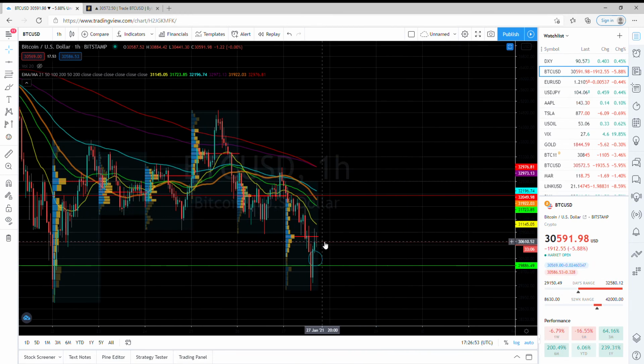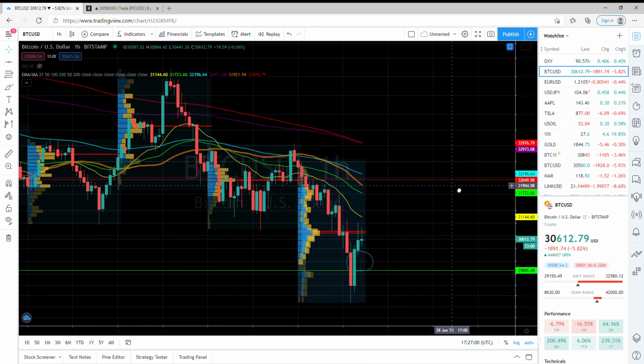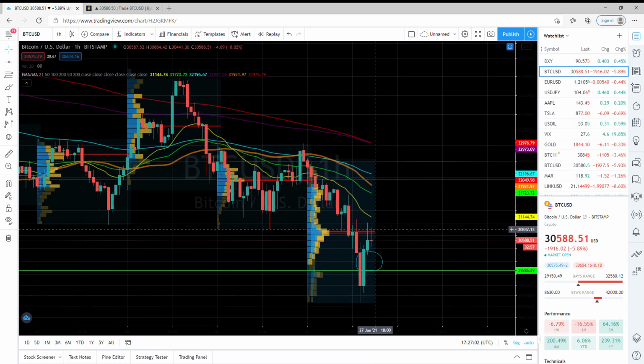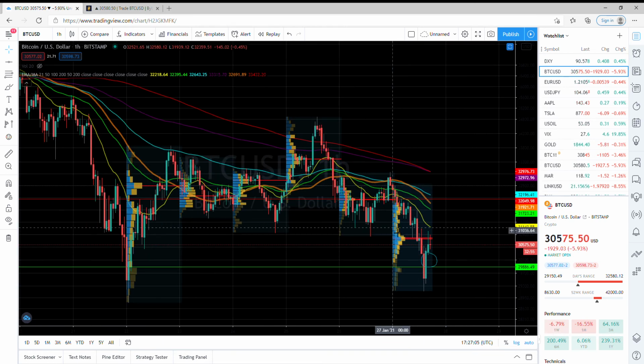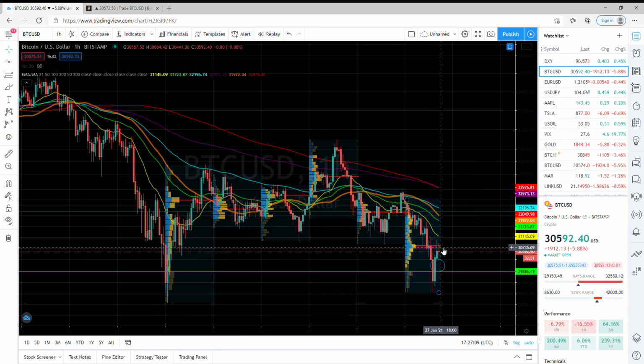Currently, the price is hovering around the point of control that is printed today. Of course, you don't have to rely on just one indicator, you have to look at the candle formation. But I think for a newbie, this is easier for finding an entry or an exit.